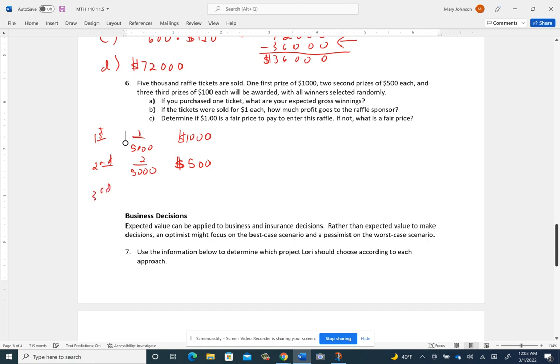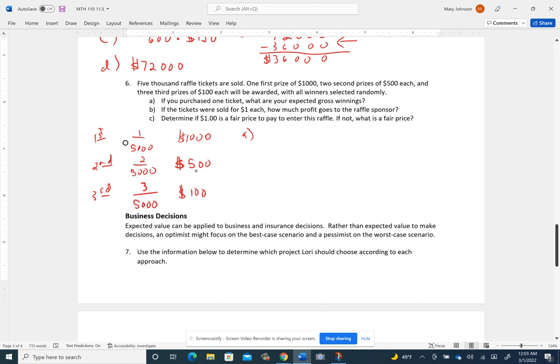And for third prize, there are 3 third prizes, so we have a 3 out of 5,000 chance of getting a third prize, and that would be 100. So for part A, what we would do is the expected value calculation.